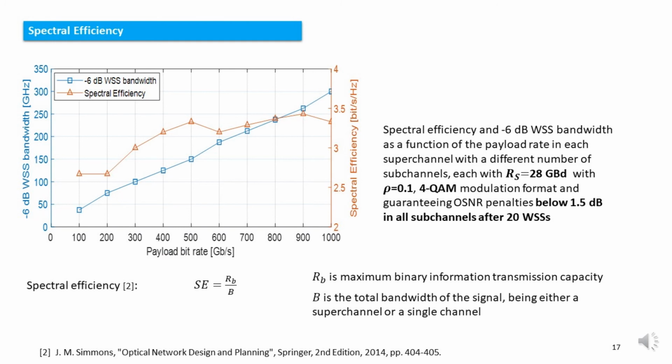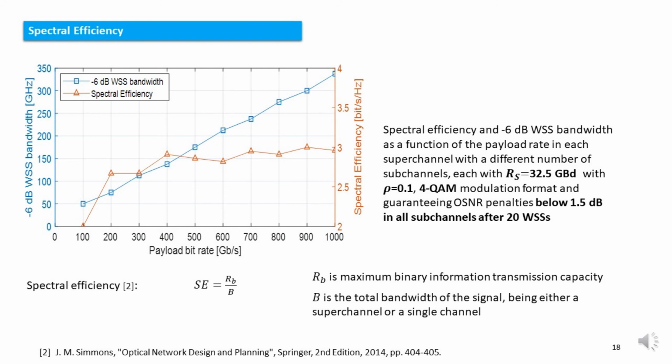For the 4 QAM modulation format, this means a variation from 100 gigabits per second to 1 terabit per second. The red line shows that with 3 or more subchannels, the spectral efficiency is between 3 and 3.5 bits per second per hertz.